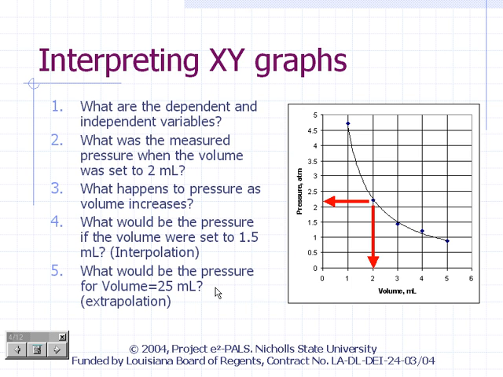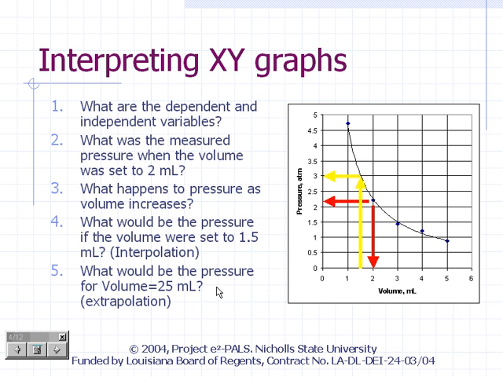However, we can predict what the pressure would have been by imagining a straight vertical line from the 1.5 milliliter mark on the x-axis toward the trend line. Then, when we hit the trend line, imagine a straight horizontal line toward the y-axis. Based on this, we can interpret that the pressure would have been 3 atmospheres. What we have just done is called interpolation.